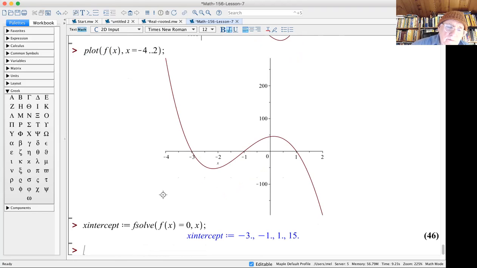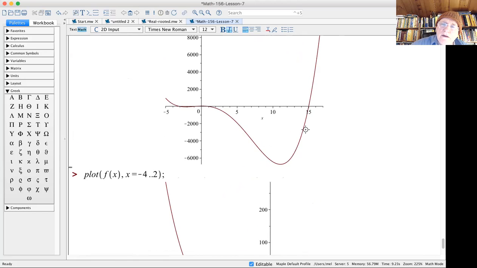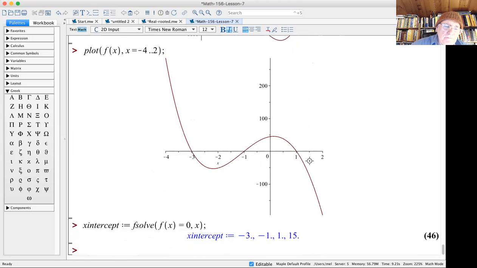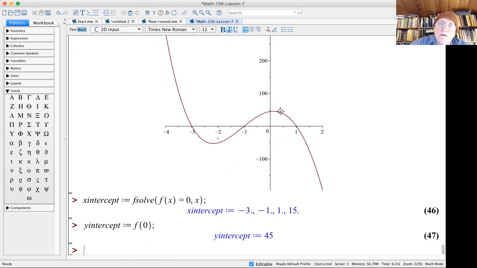So actually, the x-intercepts are integers, -3, -1, +1, and 15. And the y-intercept is just where the graph crosses the y-axis. That's just f evaluated at 0. So this point is 45.